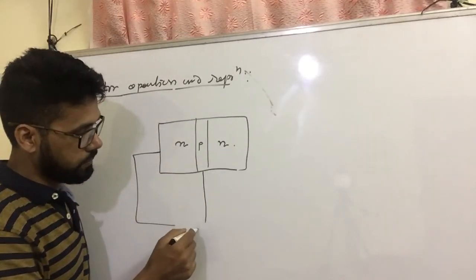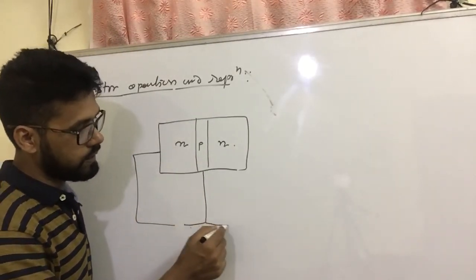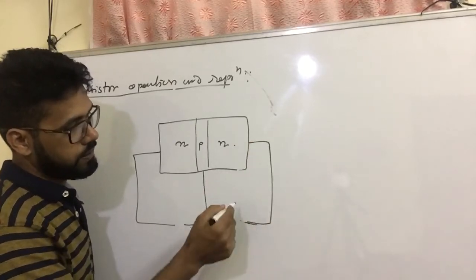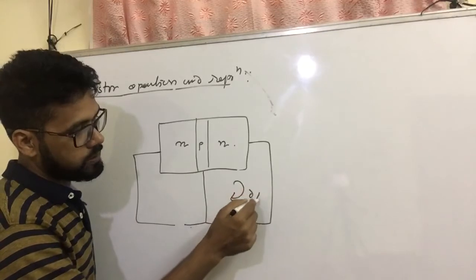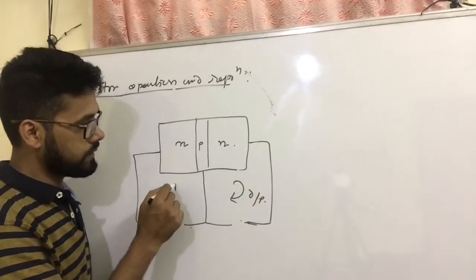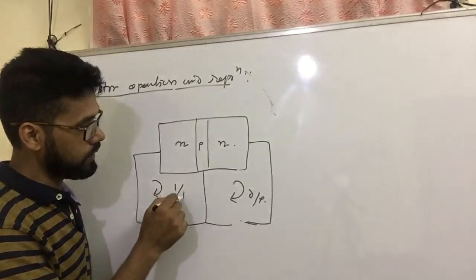I will apply voltage here, and I will apply voltage here. This circuit is called the output circuit. Remember, this part is known as the output part, and this circuit is known as the input circuit.